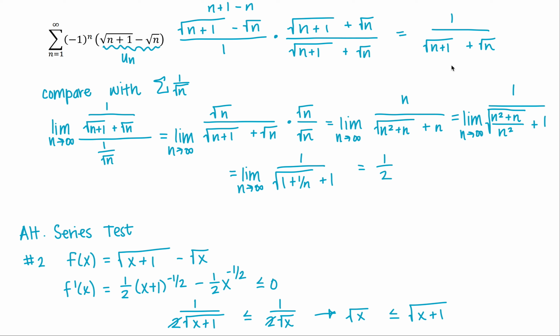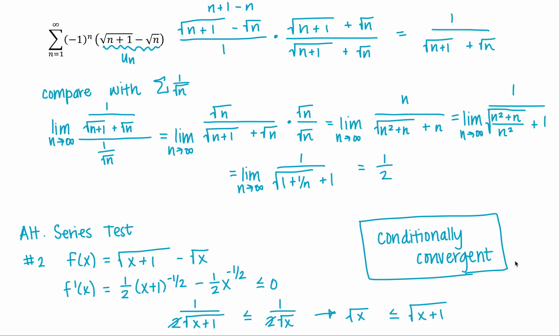So it does pass criteria 3. So this is conditionally convergent by the alternating series test. You can see some of these just require a little bit more work because you need to check both conditional and absolute convergence.